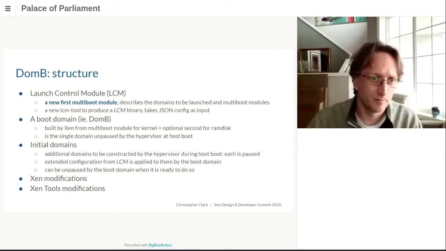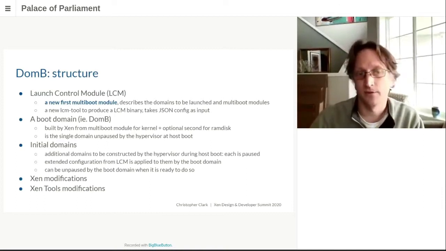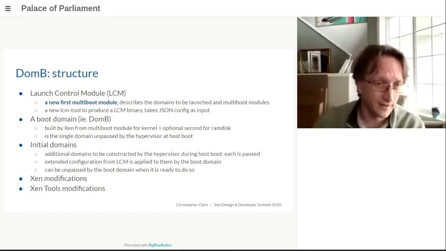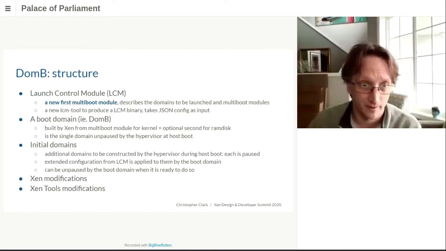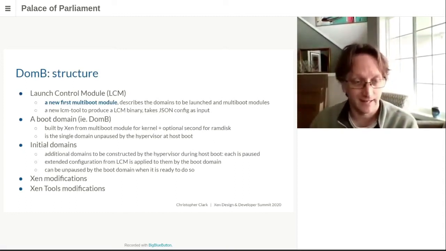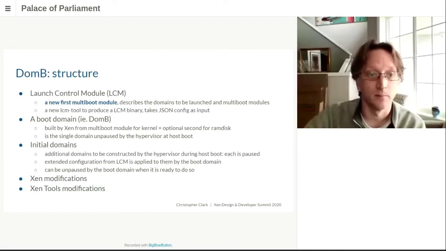And then the hypervisor will build additional initial domains as described in the launch control module, and with kernels and RAM disks that are provided as multiboot modules. None of these are unpaused by the hypervisor. When the boot domain gets to run, it has the option to interrogate the hypervisor and decide which, if any, or all of the initial domains that it will unpause.